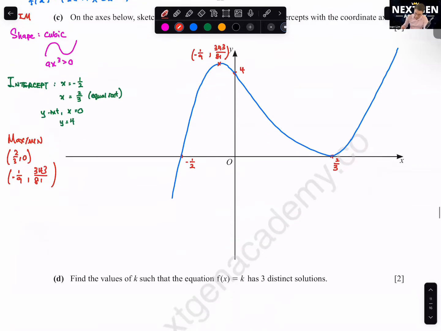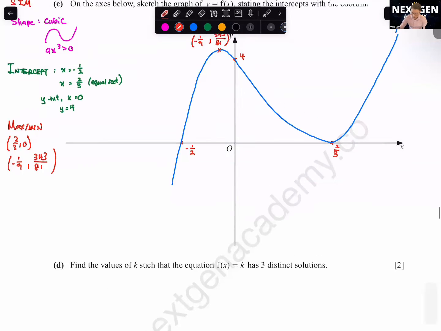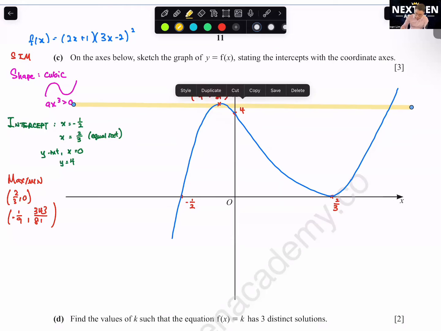Next one. They say find the values of k such that f(x) has 3 distinct solutions. What will be your answer for this? 3 distinct solutions means I'm going to draw a horizontal line where I get 3 intersections. This is 1 solution, 2 solutions, and everything in between is 3 solutions.